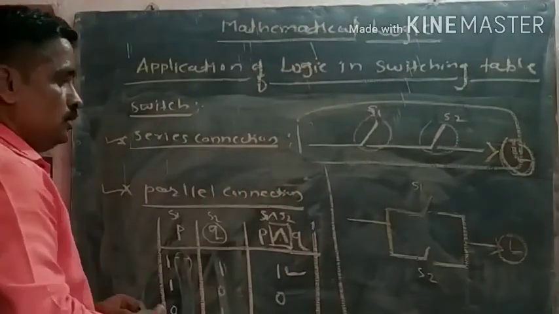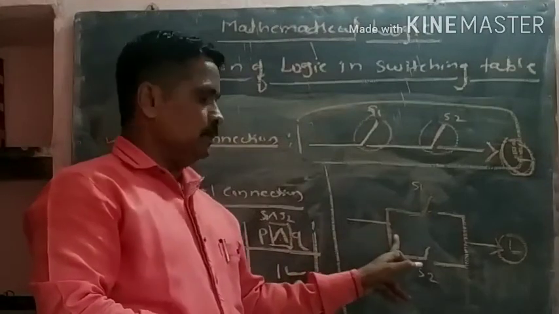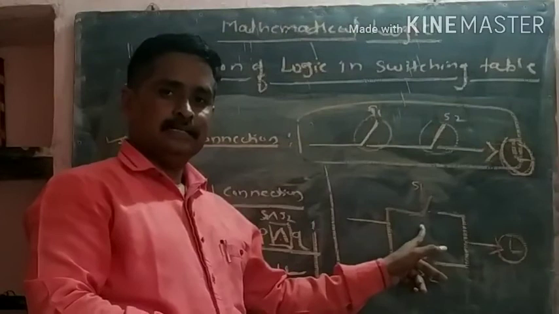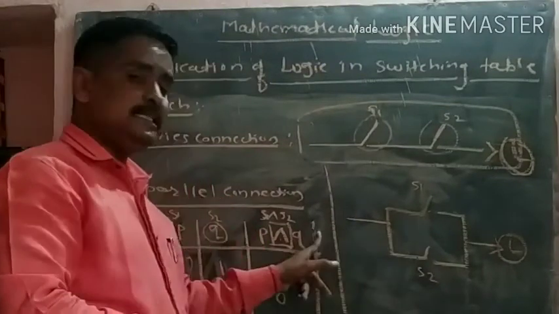So we have to construct a truth table for the parallel connection, and the parallel connection is denoted as a disjunction.